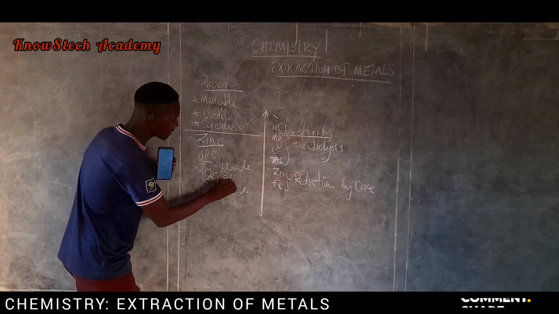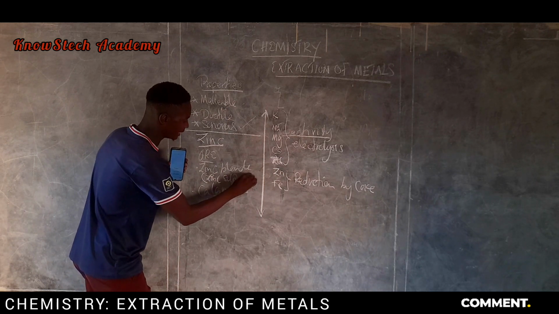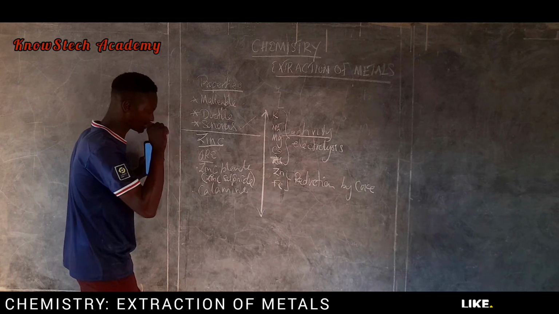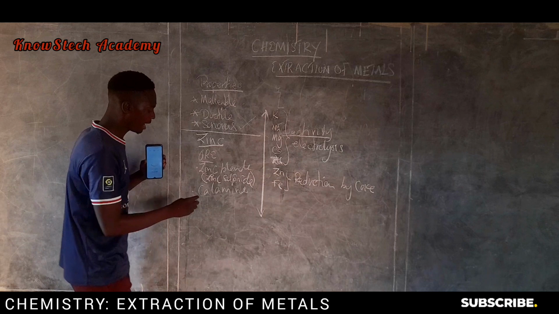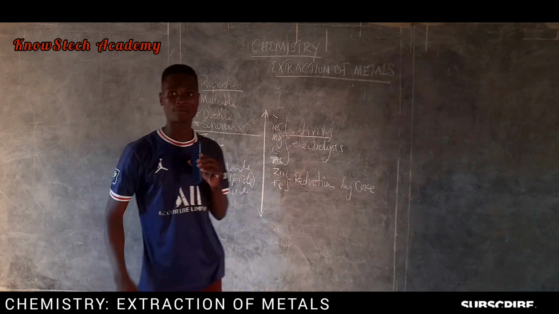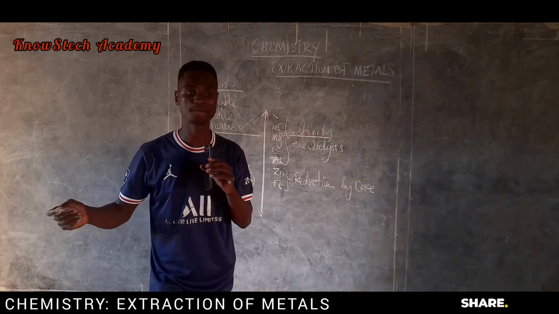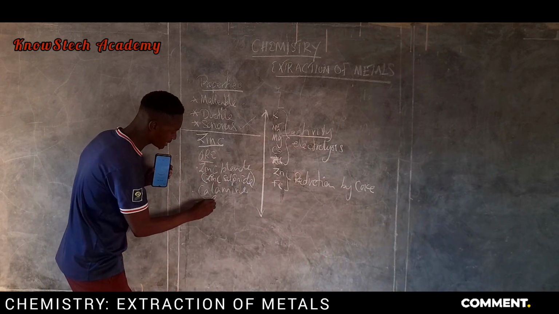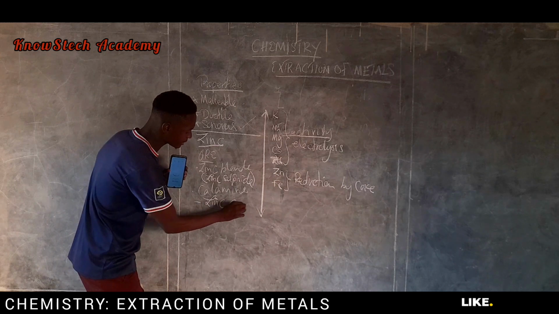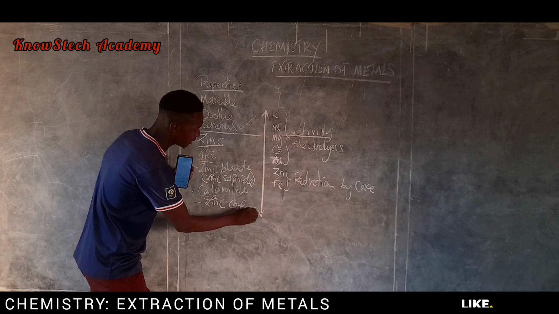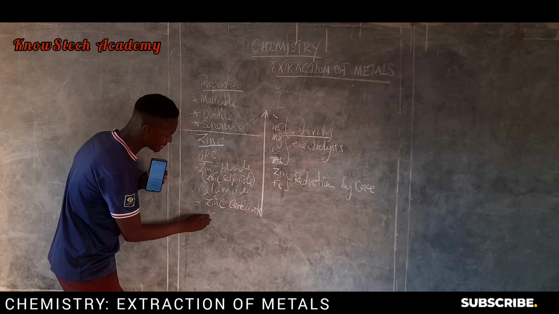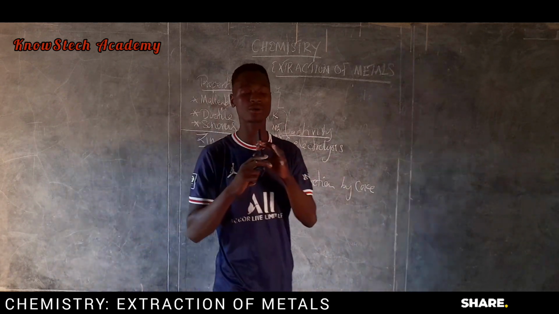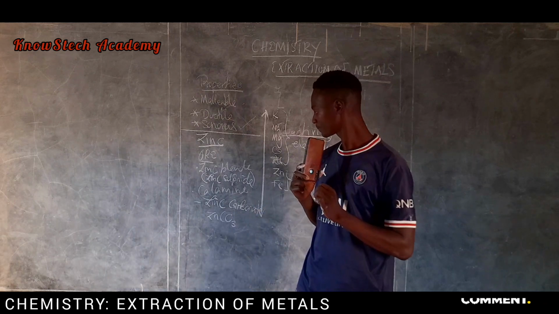The formula is ZnS. How about calamine? What is the chemical name for calamine? It is zinc carbonate, not calcium carbonate. The formula is ZnCO3.